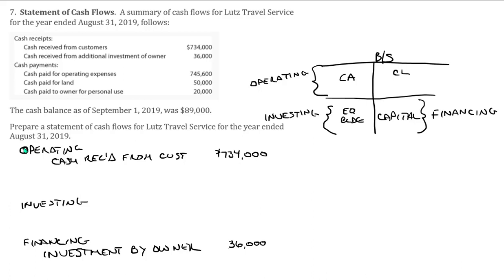Then cash paid for operating expenses. So cash received from customers, cash paid for operating expenses. And remember, we're just looking at cash here. And that's 745,600.